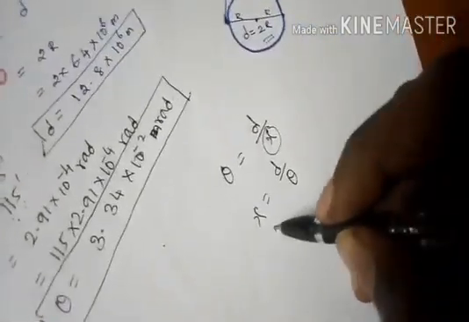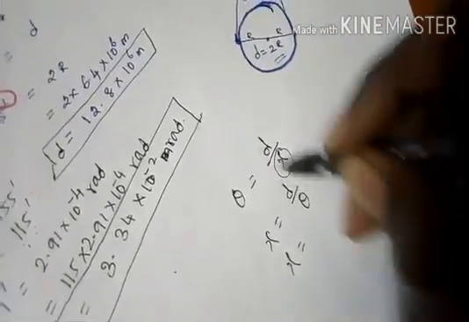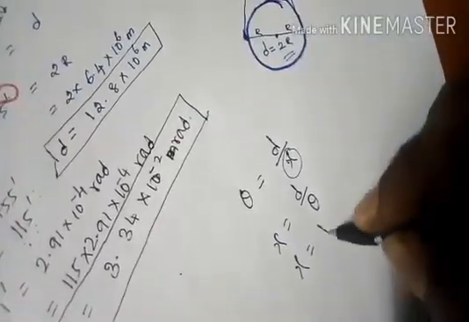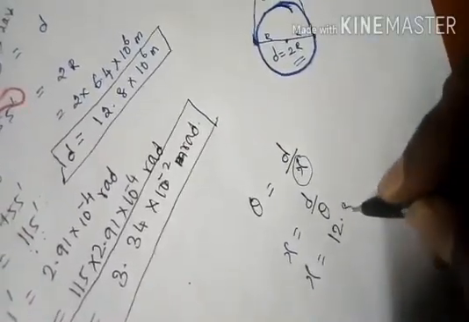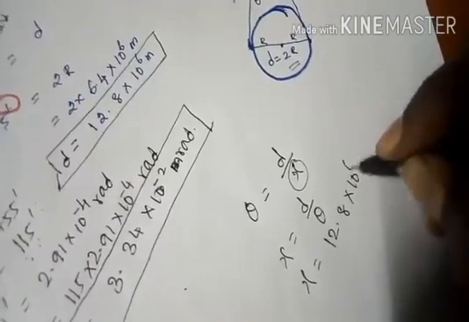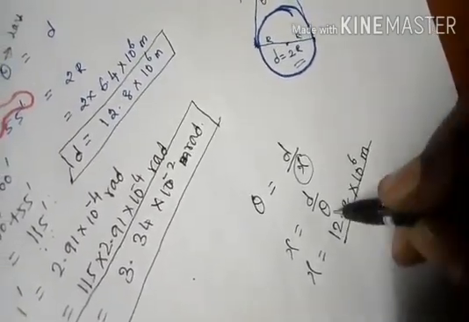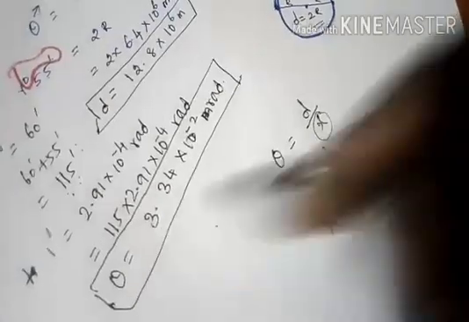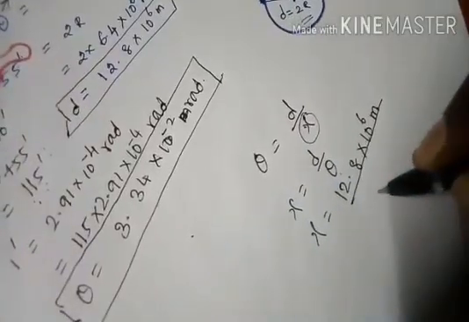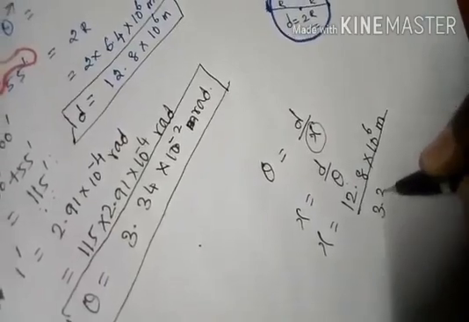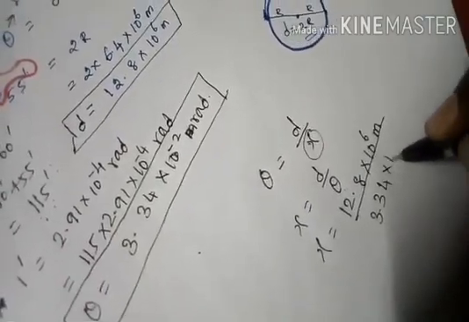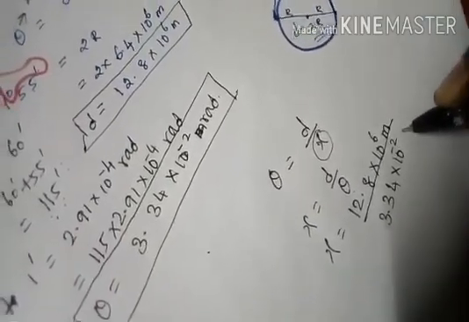So here x equal to d value, 12.8 into 10 power 6 meter, divided by theta value, 3.34 into 10 power minus 2 radian.